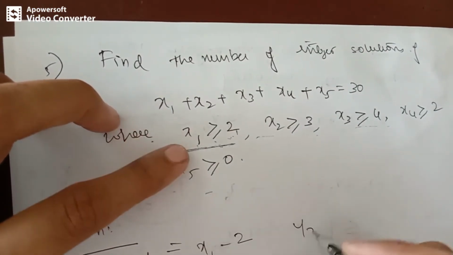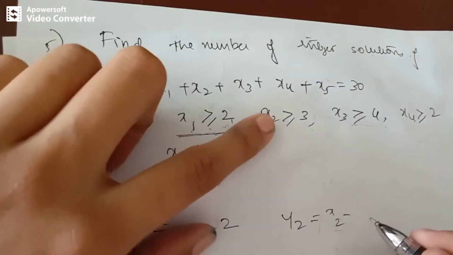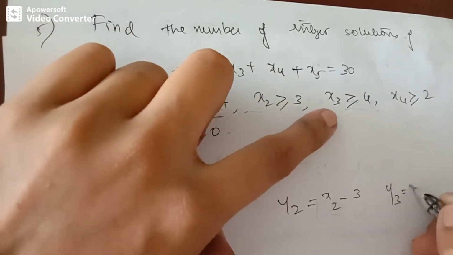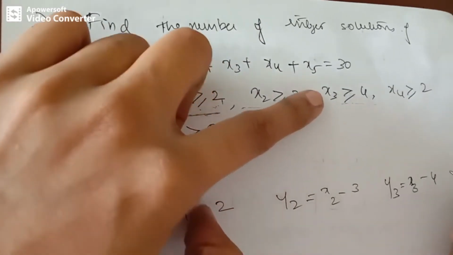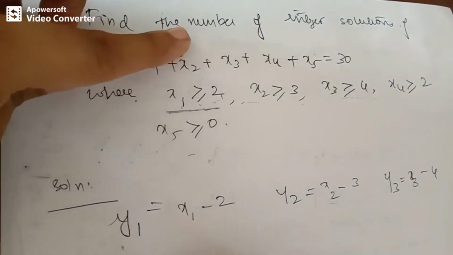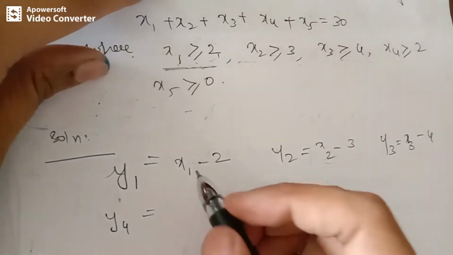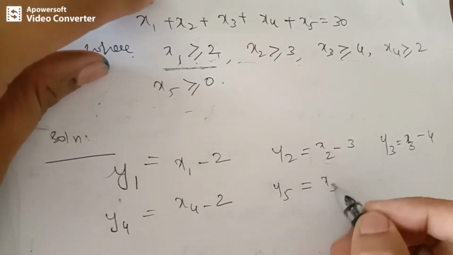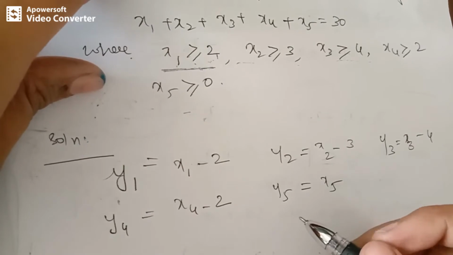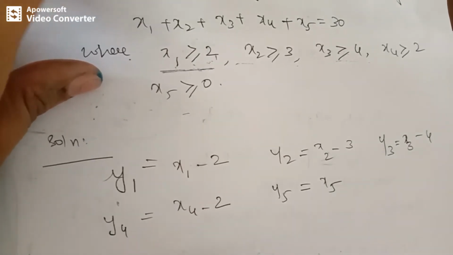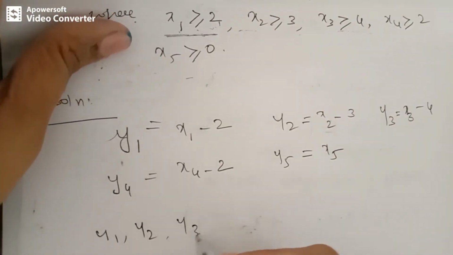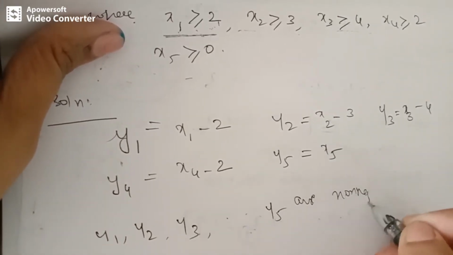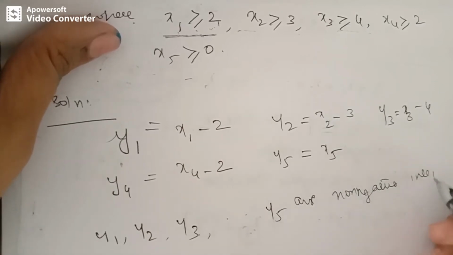You know how to write it. So y2 will be x2 minus 3, y3 will be x3 minus 4 and y4 will be x4 minus 2 and y5 is x5. So all these y1, y2, y3 and so on up till y5, they are non-negative integers.